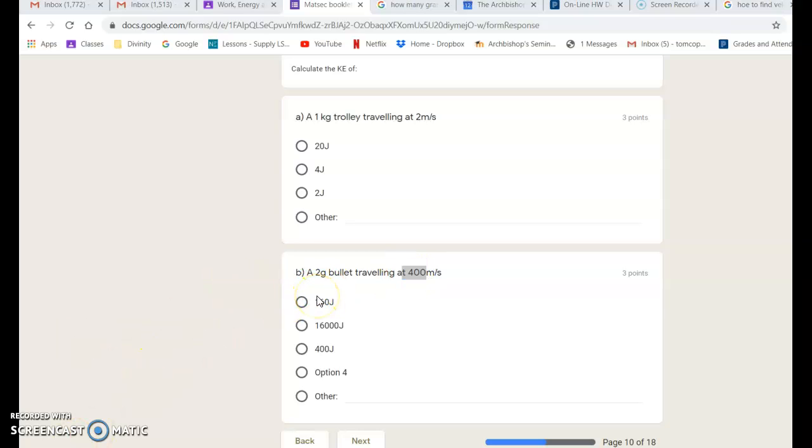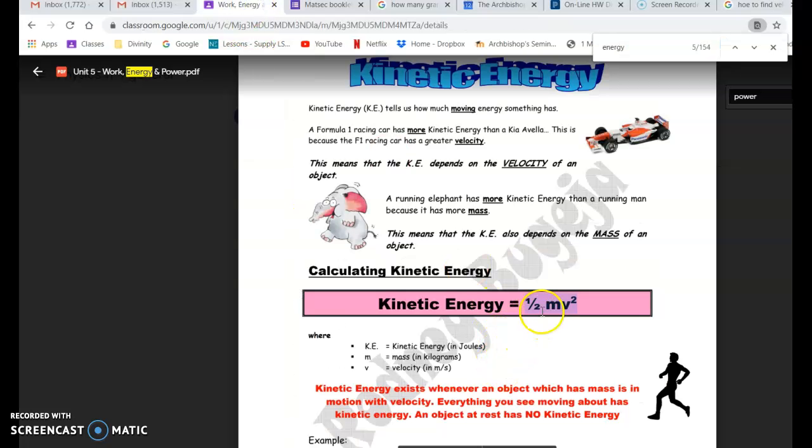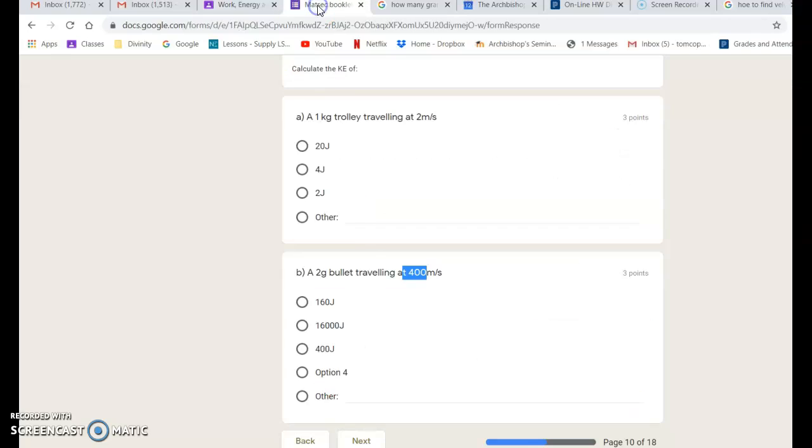For B, all you have to do is use the same formula, half times mass times velocity squared, but you have to change the 2 grams into kilograms, and the way you do this is by dividing 2 by 1000.